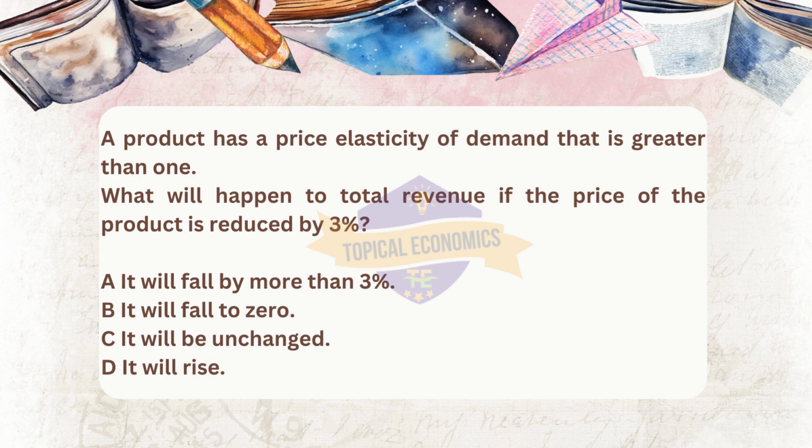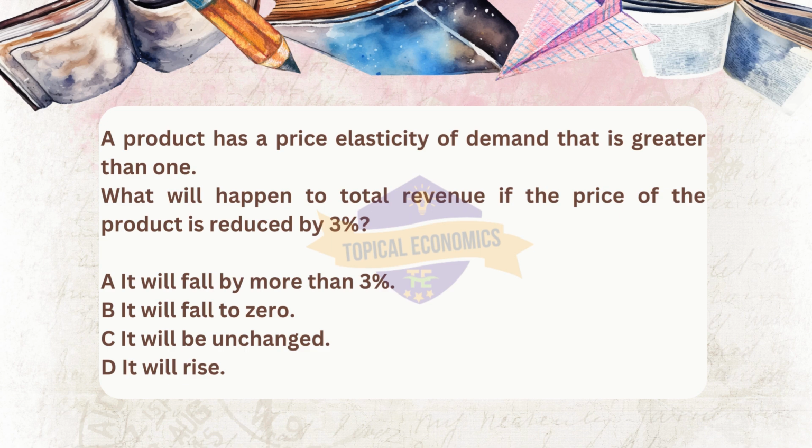If a product has a price elasticity of demand, PED, greater than 1, it indicates that the demand for the product is elastic. In this scenario, when the price decreases, the quantity demanded increases significantly. Since demand is elastic, the percentage increase in quantity demanded will be greater than the percentage decrease in price.